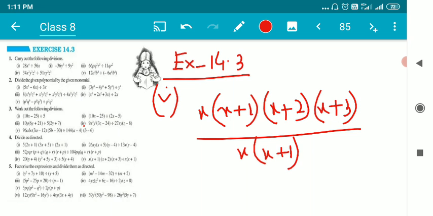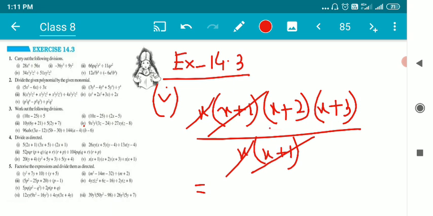Very simple. Again, the process by which you solved sums number 1 and 2, likewise we have to solve number 5. So here x and x can be cancelled because x is outside of the bracket and it is not under any operation like plus or minus. So this x can be cancelled directly, and this x plus 1 and this x plus 1 will be cancelled.